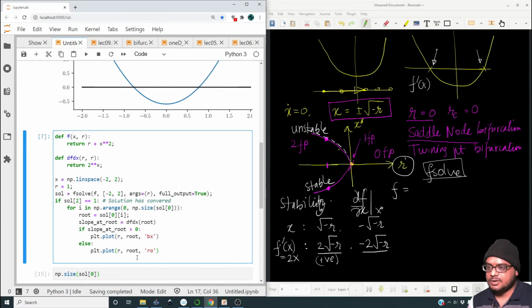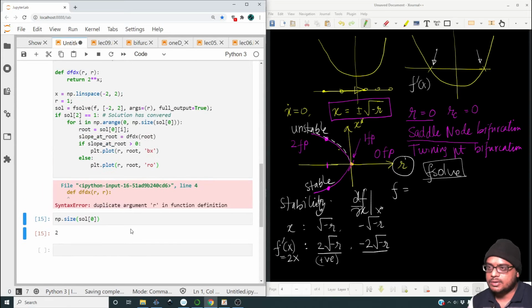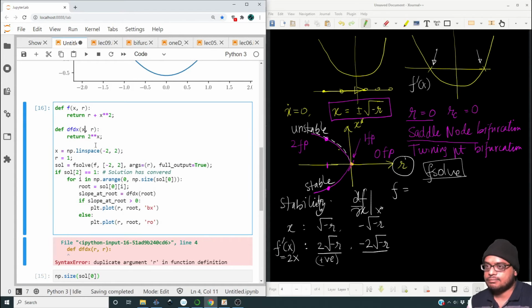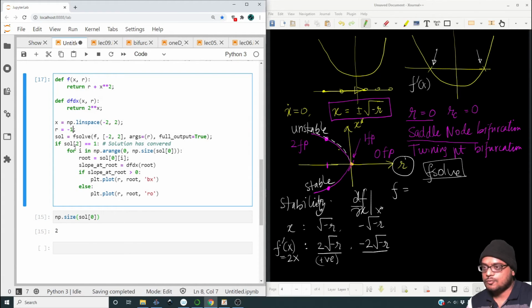Okay, let us see what happens. There's an error: duplicate argument in function r. So this has to be x. Okay, obviously there was no root, so there's no plot. Let me make r equal to -1.